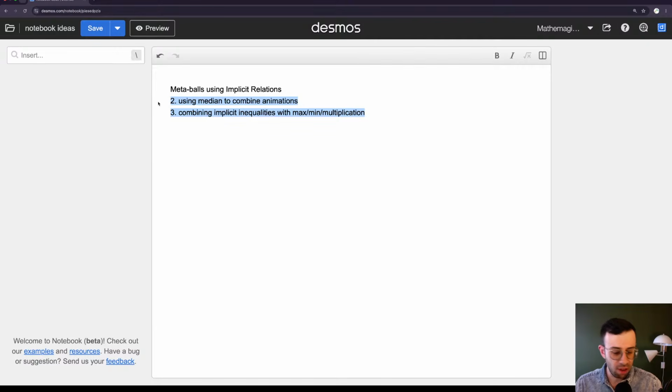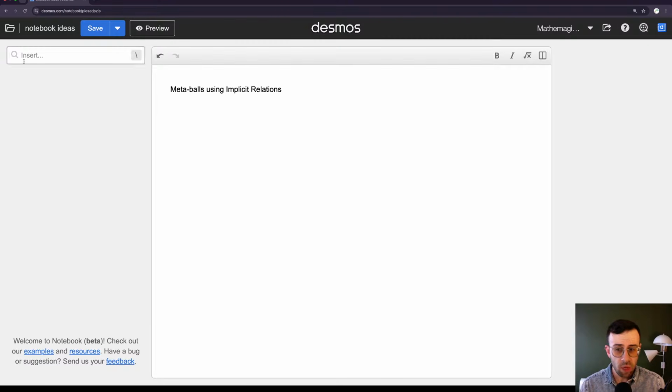I made a little outline and rough draft earlier today, so I have an idea of what I want to do, and it seems to be pretty good. My idea is basically that in a Desmos Notebook, you can have 2D graphs and 3D graphs right next to each other using the same variables. So it's going to be cool to see how things show up in 3D, and hopefully that'll show what's going on in 2D as well.